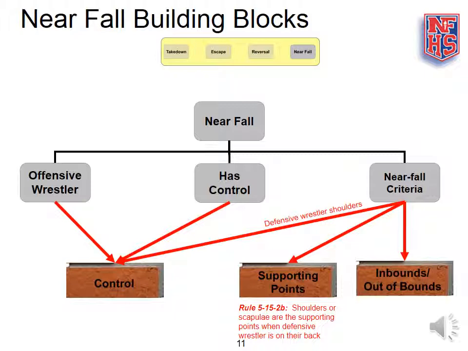Shoulders are the supporting points, and Rule 5-15-2b tells us that the shoulders or scapula are the supporting points when the defensive wrestler is on their back, meaning they are in near fall criteria. And lastly, the inbounds and out of bounds rule. Got to know, again, how to properly assess whether we're inbounds or out of bounds.